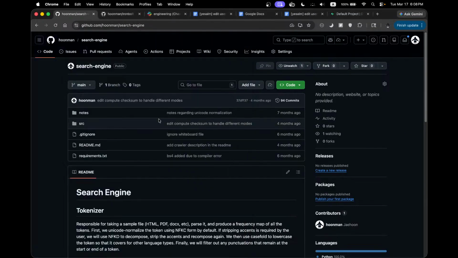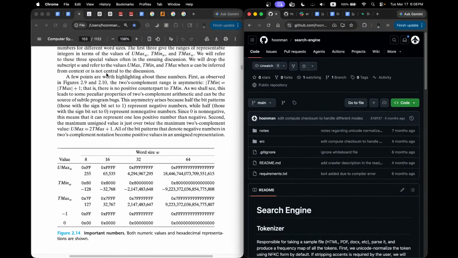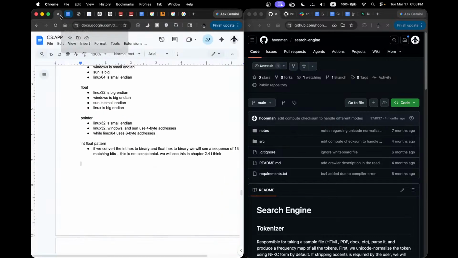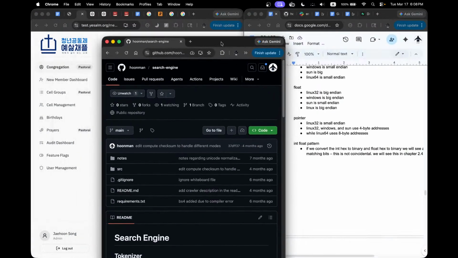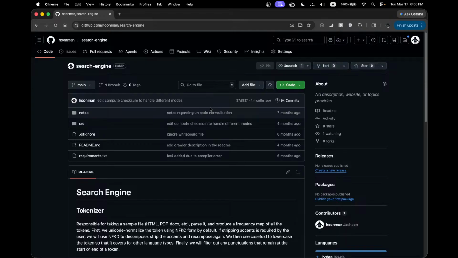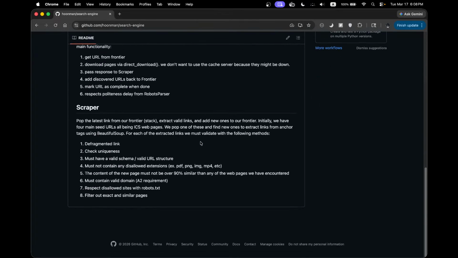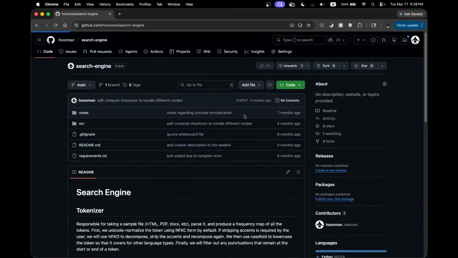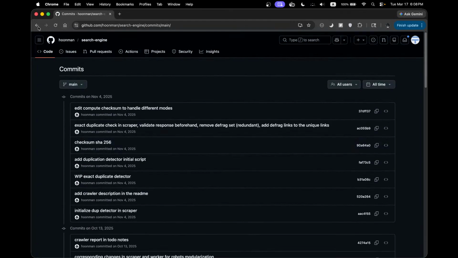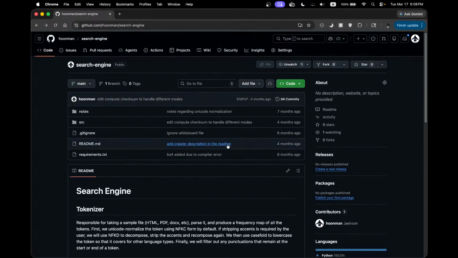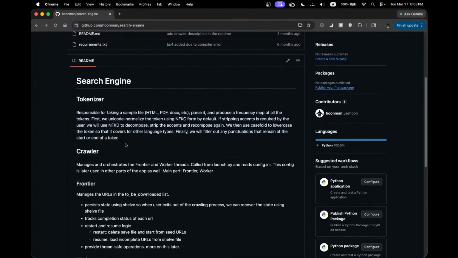Wait, what is this? Search engine. It used to be my favorite program. Yeah, actually, I want to look at this a little bit. This is building a search engine from scratch with Python only. Man, I enjoyed this project a lot, but as soon as I realized there's gonna be no users, I just didn't really build it anymore.